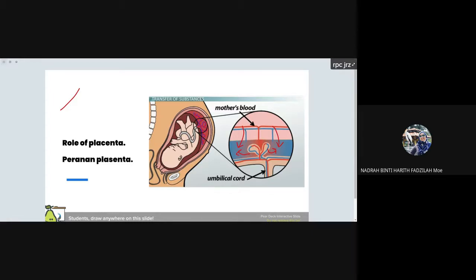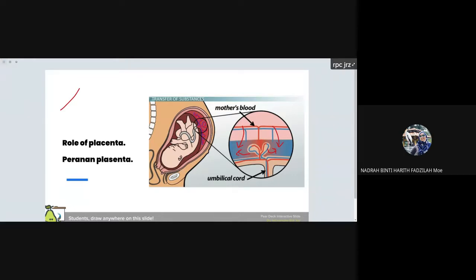kalau the circulatory system of fetal and baby mother adalah connected, it will expose the baby to the antibody of the mother dan it will start to stimulate immune reaction. So apa immune reaction yang berkaitan dengan blood misalnya ya.